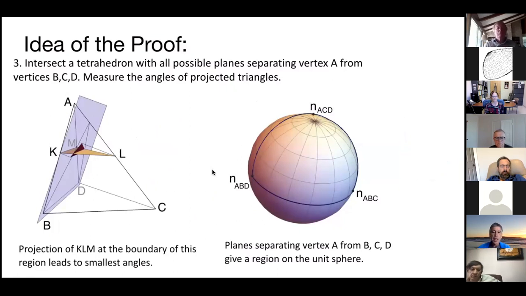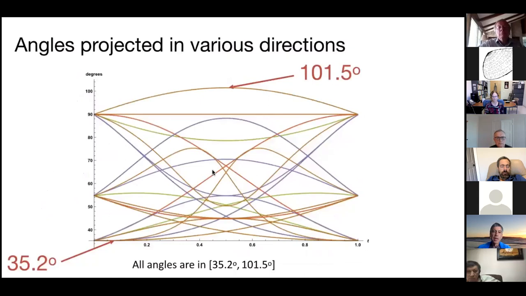And the worst cases turn out to be on the boundary of these regions. So the worst angle distortions happen on the boundary of these spherical regions. And you can parameterize these spherical regions and just compute how bad the angle distortions are and what the smallest and largest possible angles you can get are. And you get all these different cases.